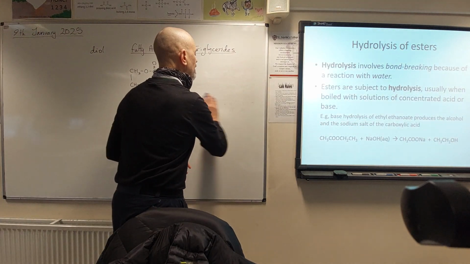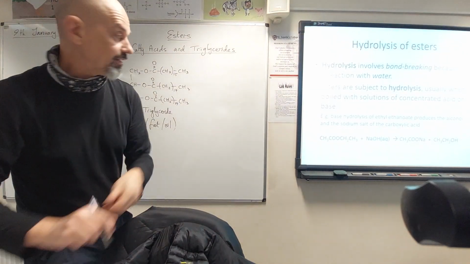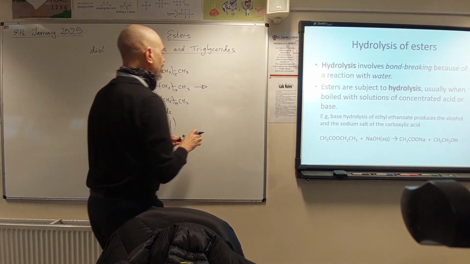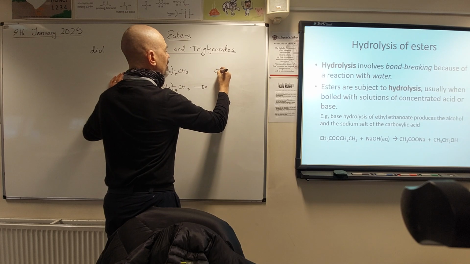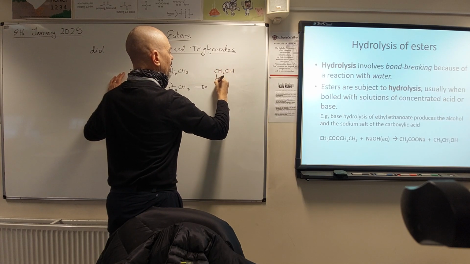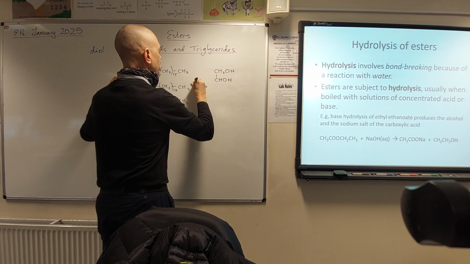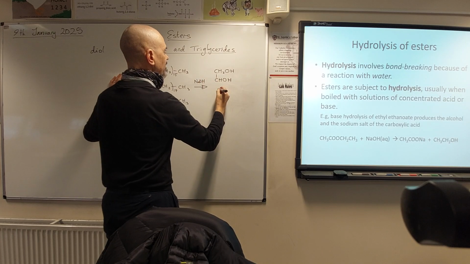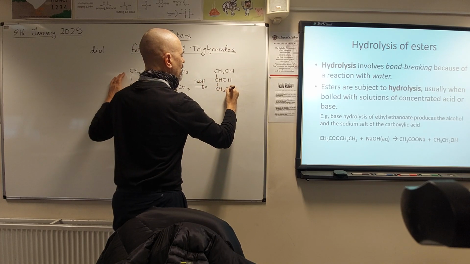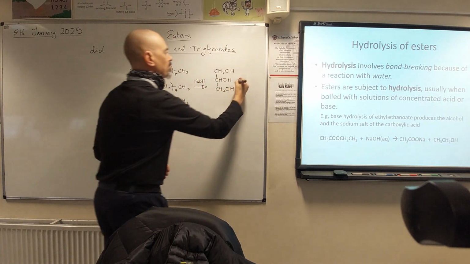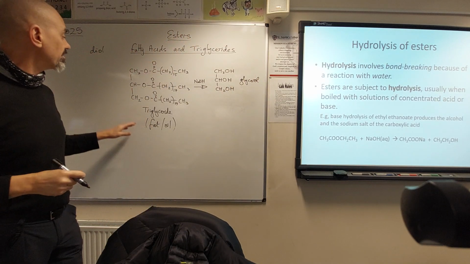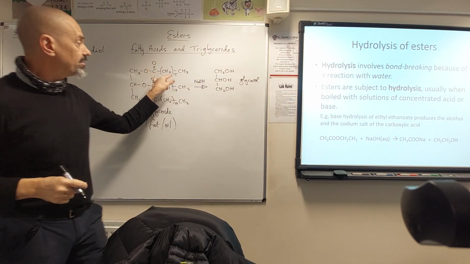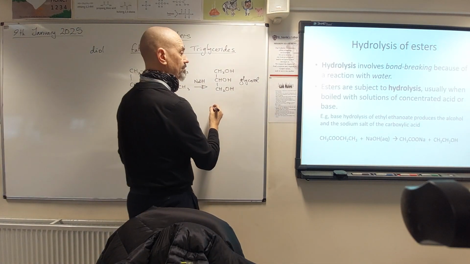So let me just draw that out. So we're going to break this down. I haven't left myself much room, have I? But we get the original glycerol. Let's just pop that up there. So this is sodium hydroxide we're using. So I'm going to break it down into glycerol, or propane 1,2,3 triol, if you like, and then the fatty acids.